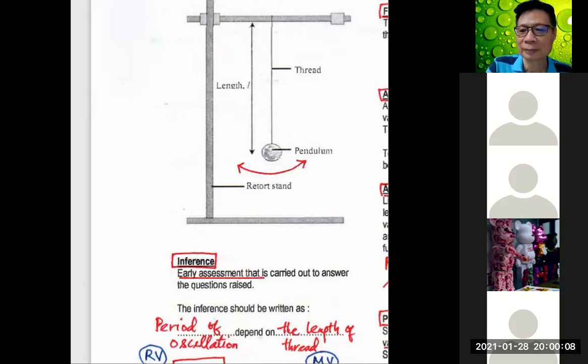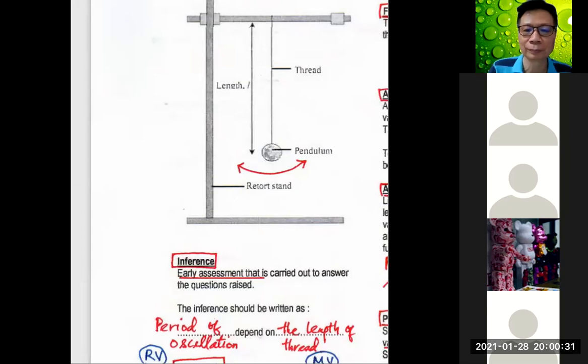Period is what? Time. Is it time? Yes, something to do with time. Yes, correct. But the more accurate answer: period is time taken for one complete oscillation.